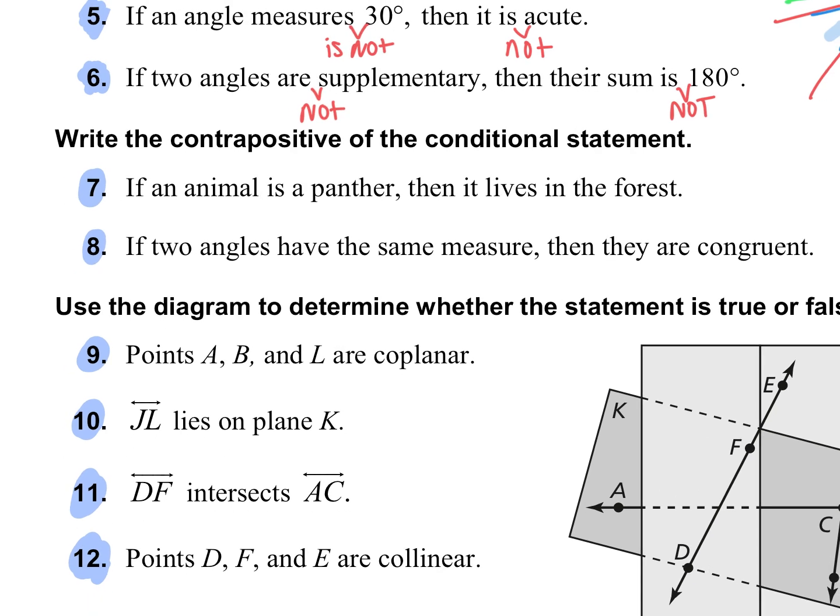All right, contrapositive. How would I write for number 7, my contrapositive? Remember, it's the long word, so I have to do the most work. Jaden? If it does not live in the forest, then the animal is not painted. Good. I'm going to write it a little different, but that's still correct.